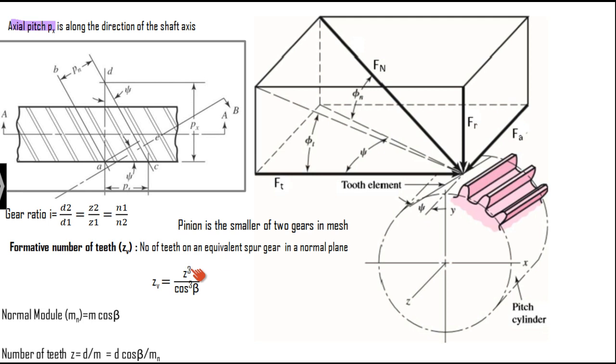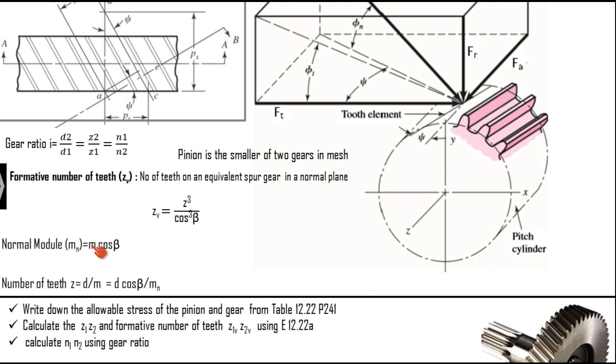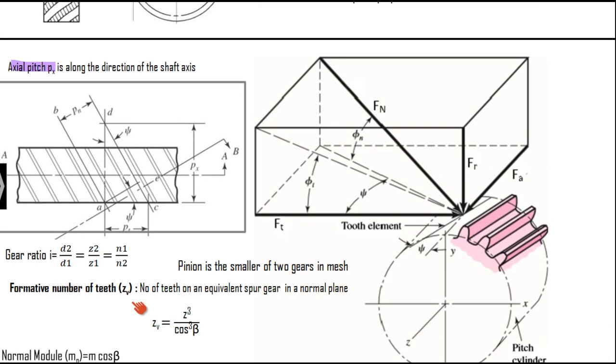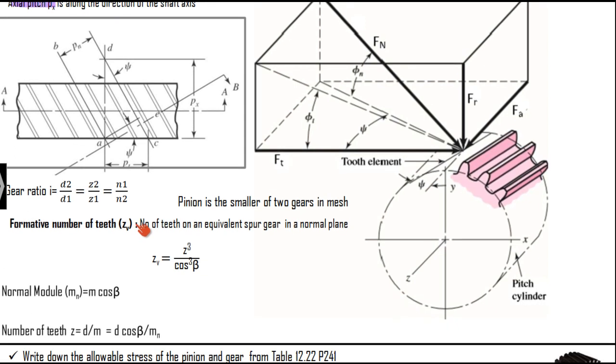And also you have to think about the normal module. In a spur gear, the module was the ratio d by Z, diameter to number of teeth. But here the tangential module is simply M, or the module, and we are also going to discuss the normal module, in the normal plane.